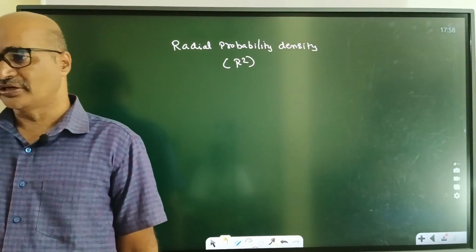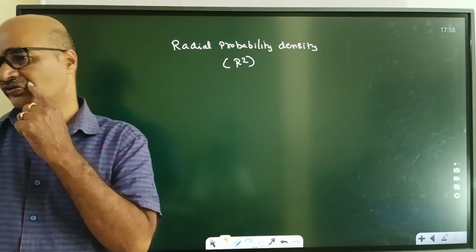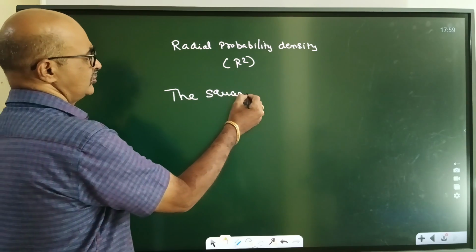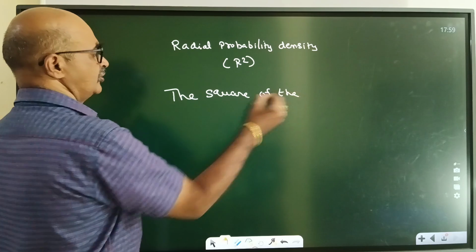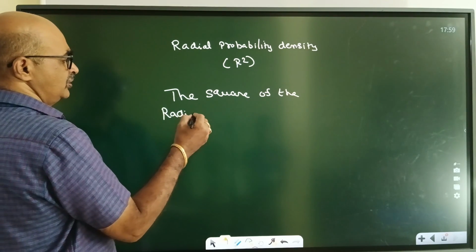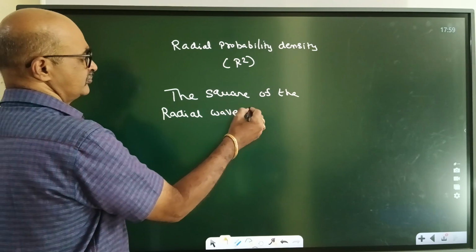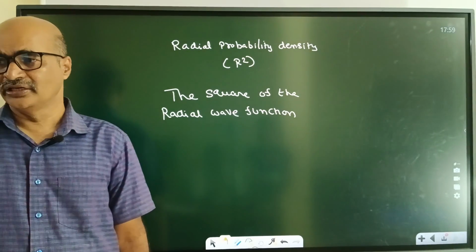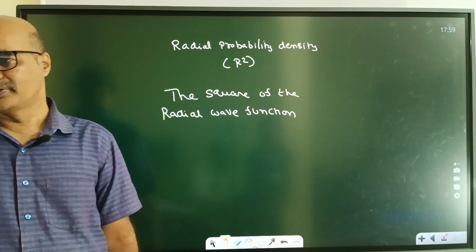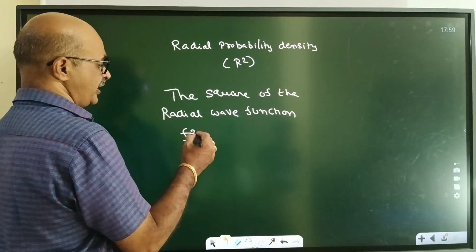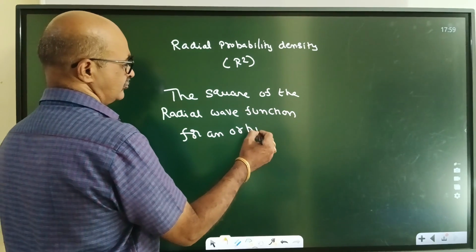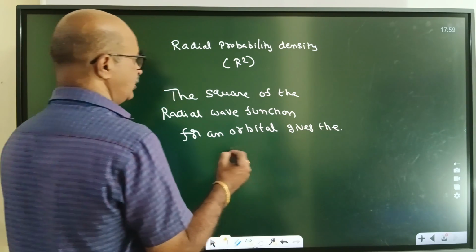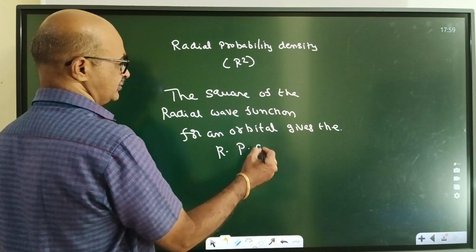Okay. The square of the radial wave function for an orbital gives the radial probability density, R square.